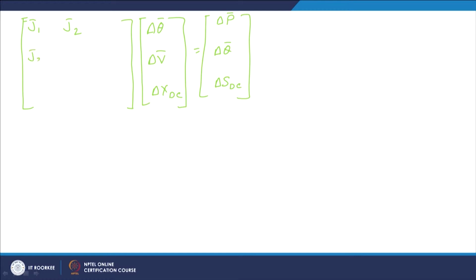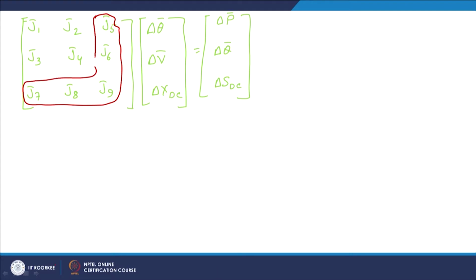J1, J2, J3, J4 correspond to this, and this is J5, J6, J7, J8, J9. So these Jacobian submatrices would be introduced. Earlier we had only 4 Jacobian submatrices, now we will have 9.